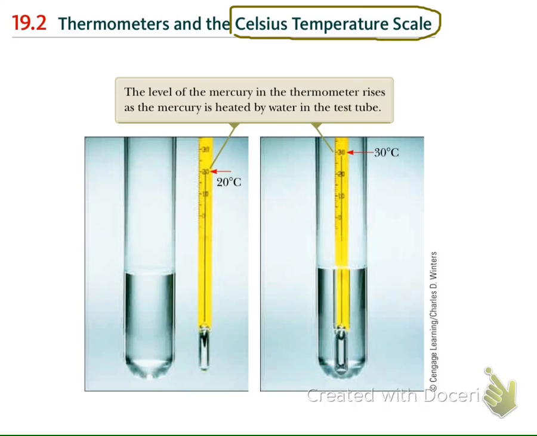Roughly speaking, we say that the Celsius temperature scale is defined at two calibration points. That is, they use the property of the water at two temperatures.